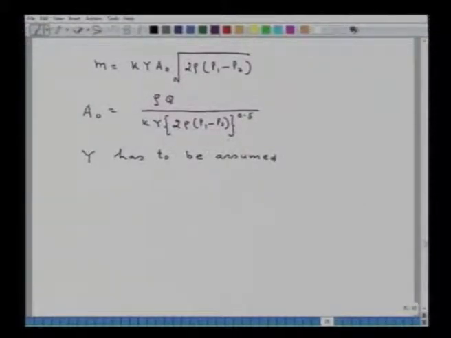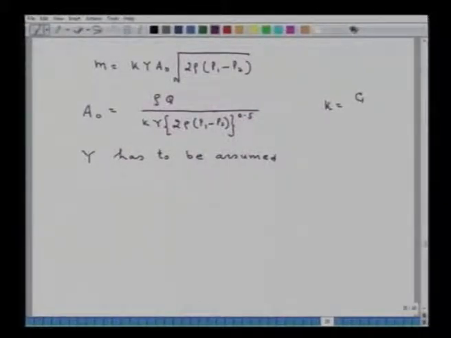The rest of the parameters you can calculate, we have done already. If I substitute all the variables over here, note that B is also not known, because K is equal to CD.